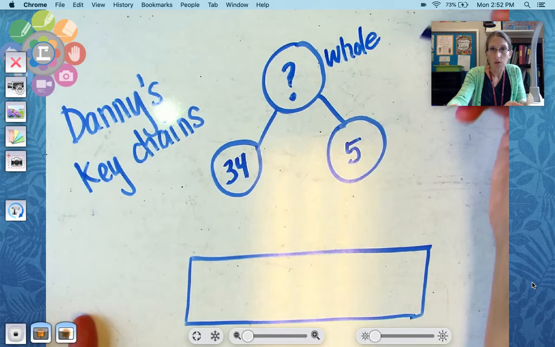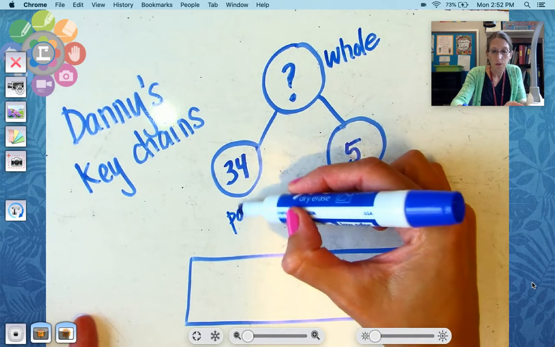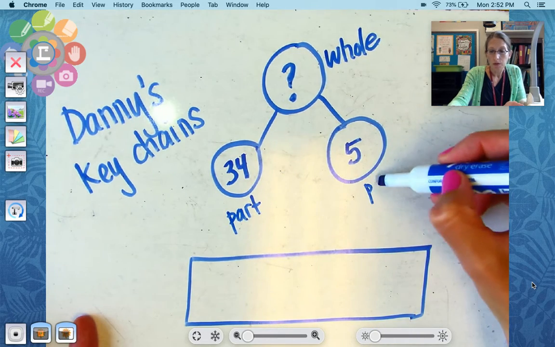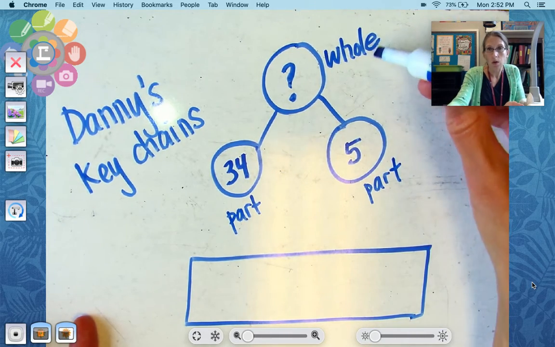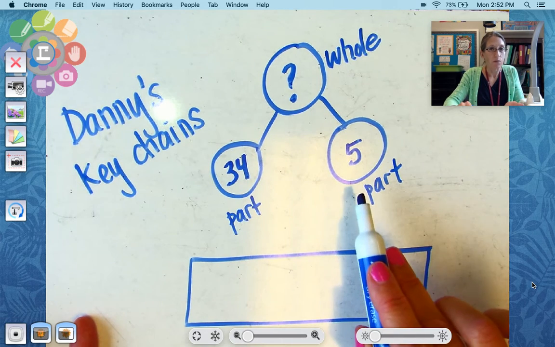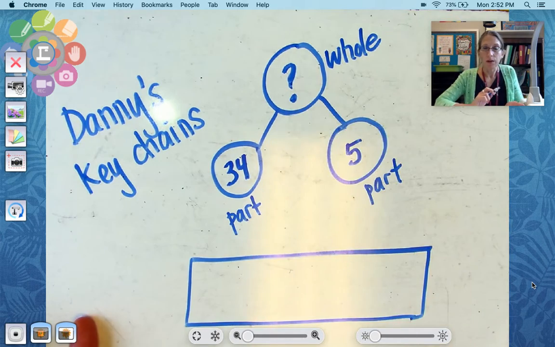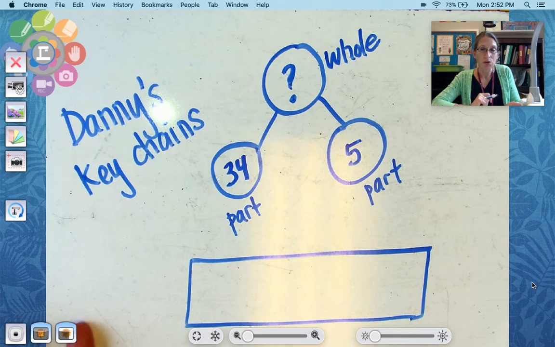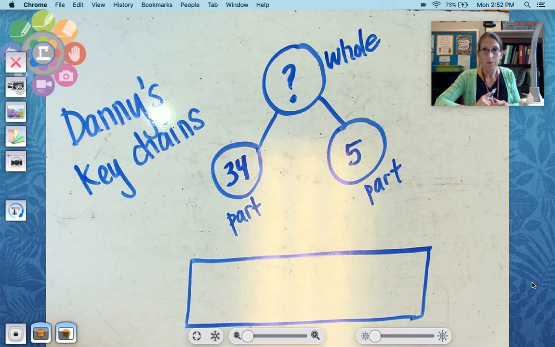Sometimes I like to label my number bond too like this. So part, part, whole. So I know that Danny had 34 keychains and then he got 5 more. And so I'm trying to find the whole number. How many keychains does he have now?